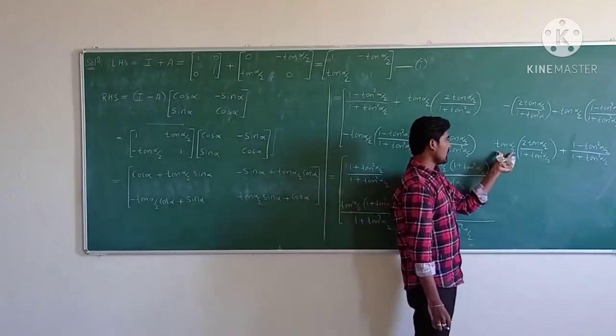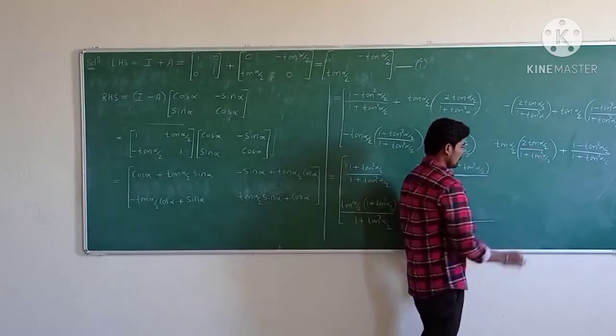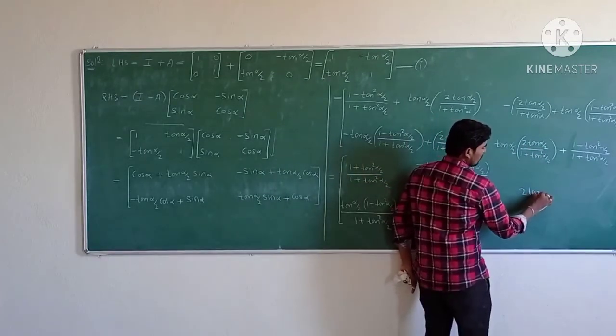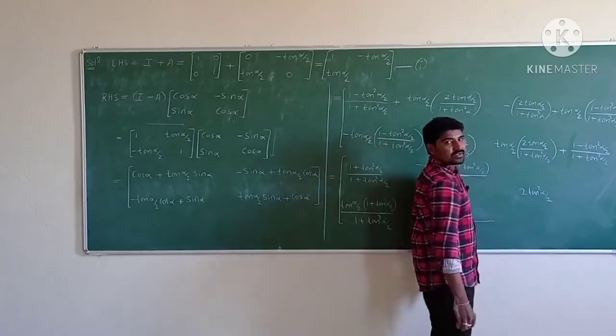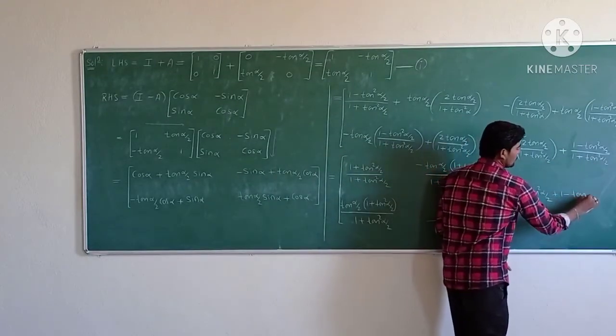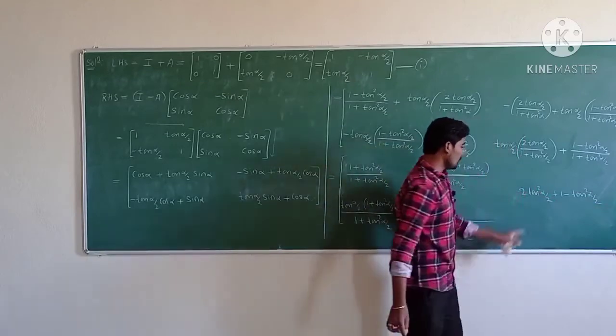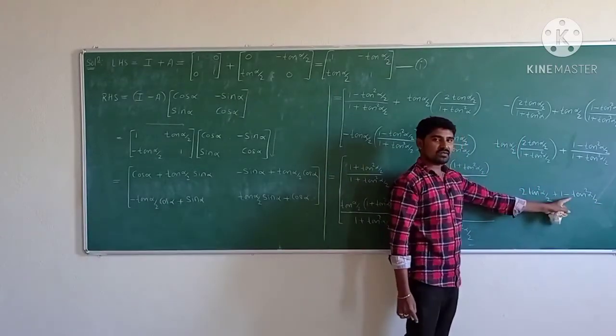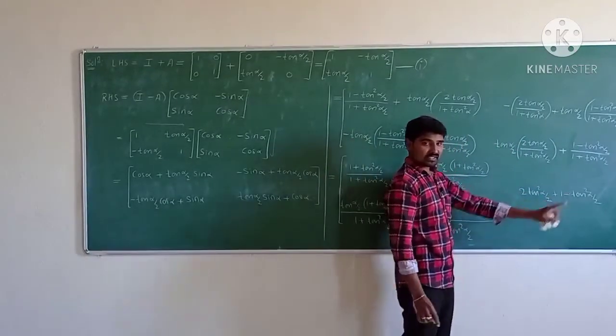Here tan alpha by 2 into 2 tan alpha by 2, 2 tan square alpha by 2, plus 1 minus tan square alpha by 2. Here 2 tan square alpha by 2 minus tan square alpha by 2 is tan square alpha by 2, giving 1 plus tan square alpha by 2.